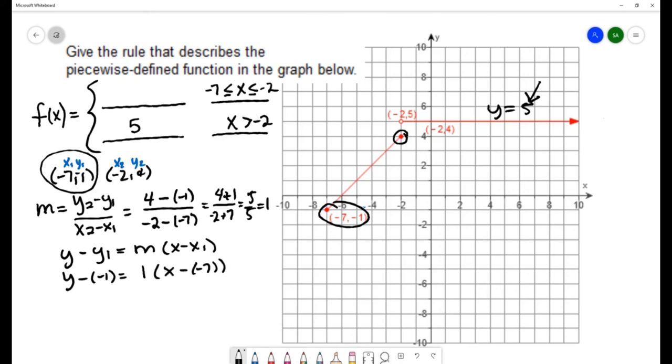That's y plus 1 equals x plus 7. I can subtract 1 to get y equals x plus 6. So the equation is x plus 6. And so now we have the rule that describes this particular graph.